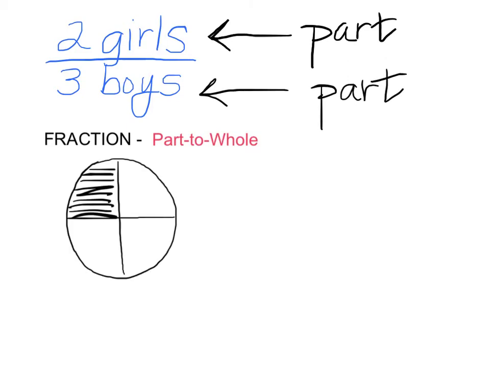For example, if we have a pizza that has 1 piece left out of 4 pieces, if we wanted to write this as a fraction, it would be 1 piece out of a total of 4 pieces. This would be the fraction.